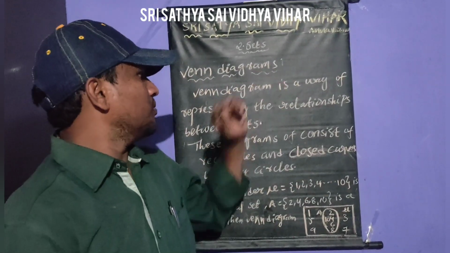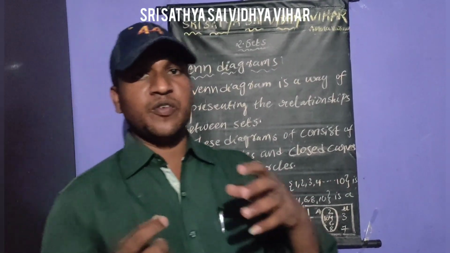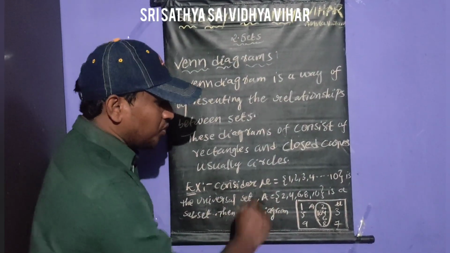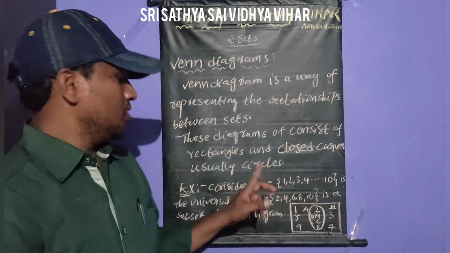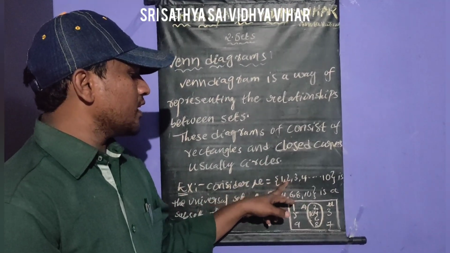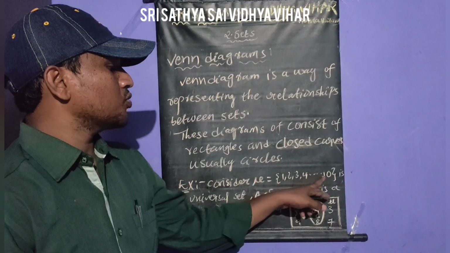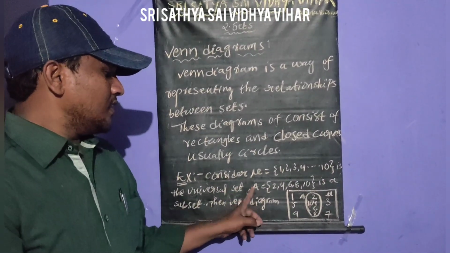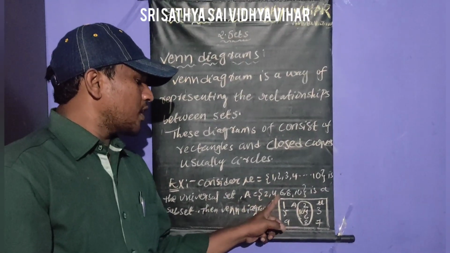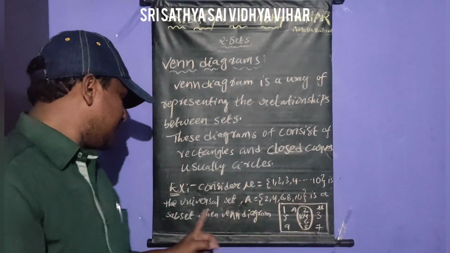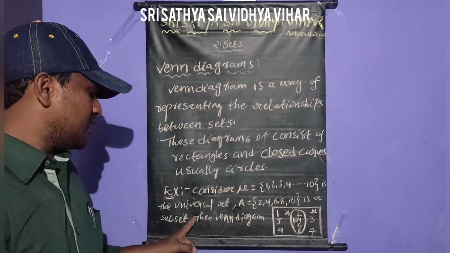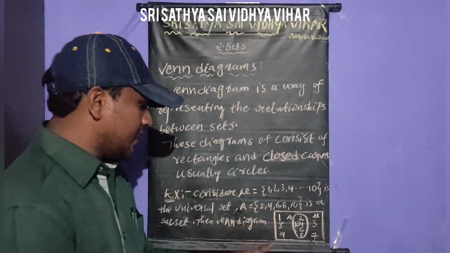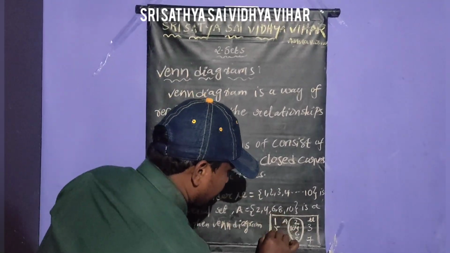For example, consider mu, the universal set, is equal to {1, 2, 3, 4, and so on up to 10}. A is equal to {2, 4, 6, 8, 10}, a subset. How can you represent this as a Venn diagram? First of all, draw the rectangle.